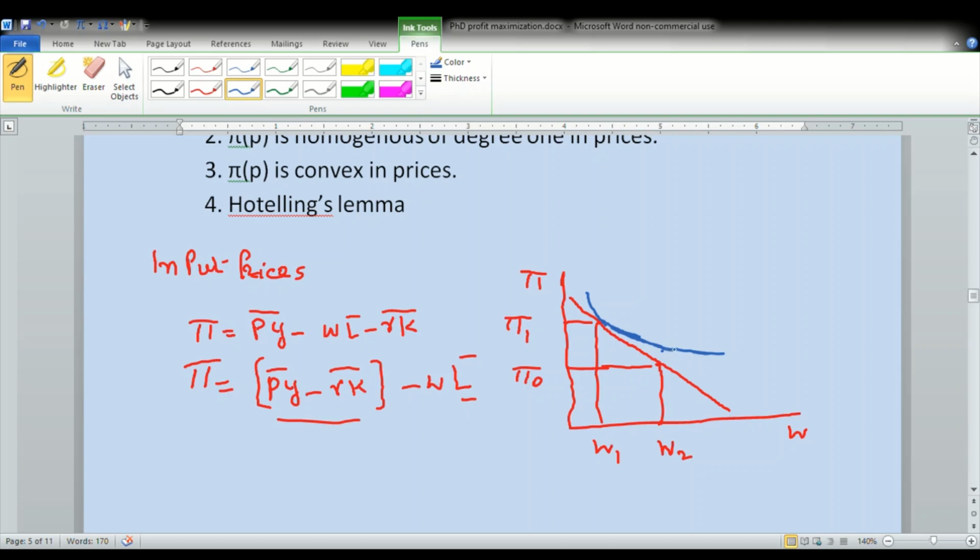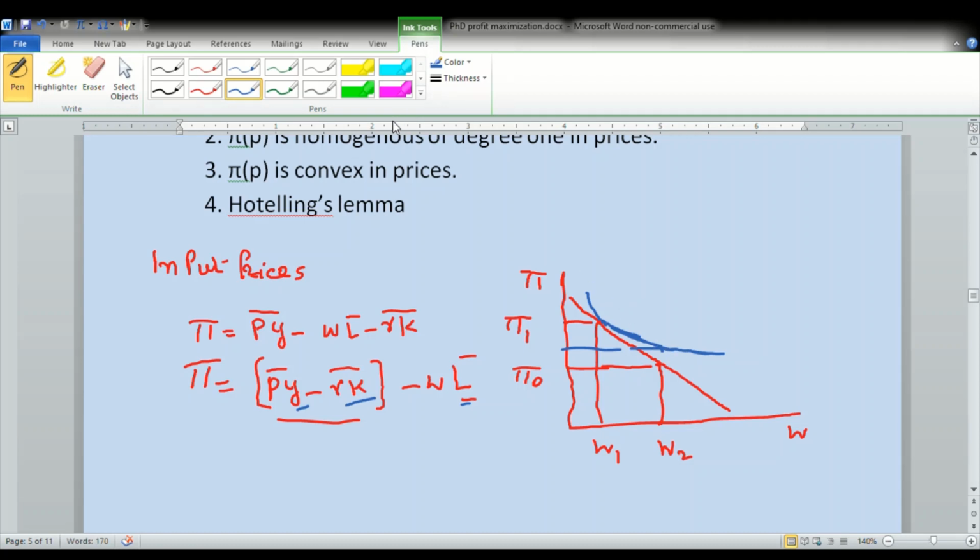Why? Because when input prices are increasing, you are not just sitting around doing nothing. You are adjusting your inputs as well as your outputs, and when you are doing that, the drop in profit is not from pi 1 to pi naught, but to a lesser extent, somewhere between pi 1 and pi naught. So profit decreases to a lesser extent.